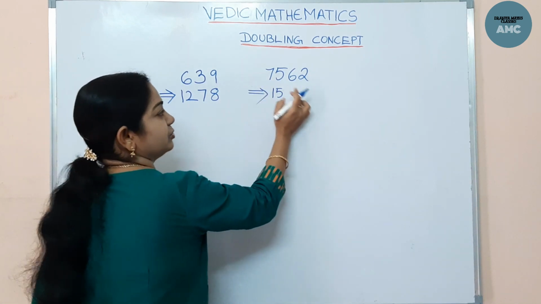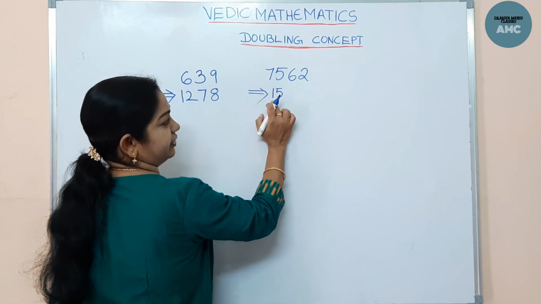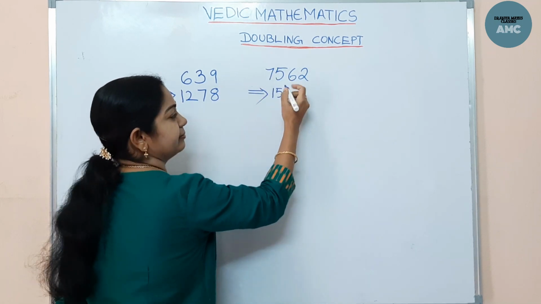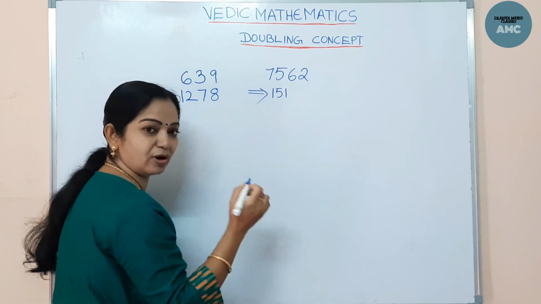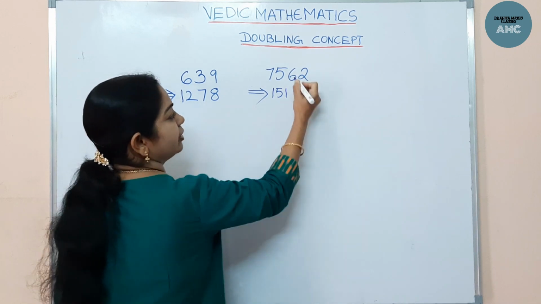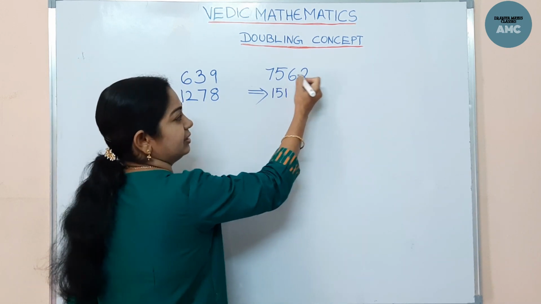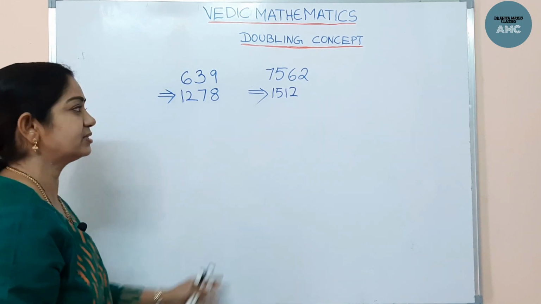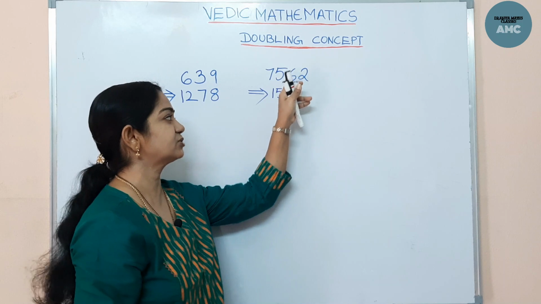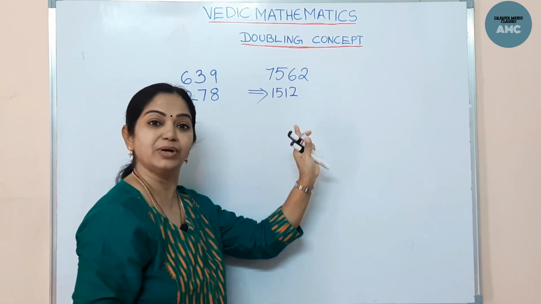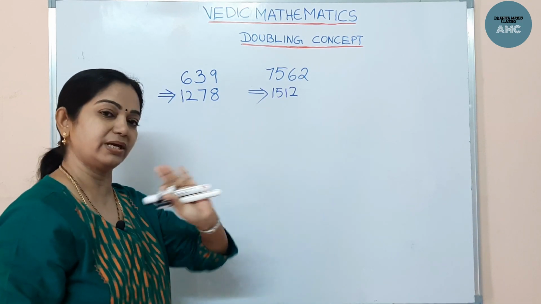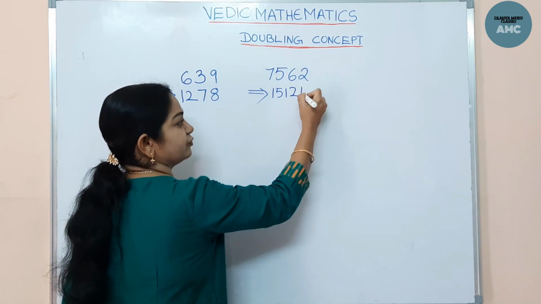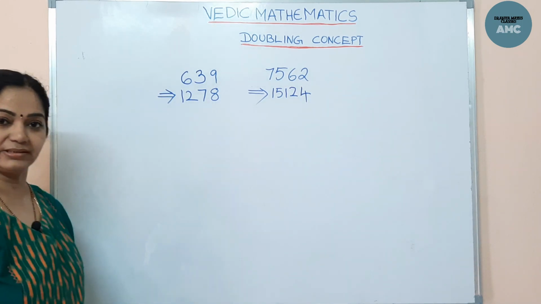So 2 7s are 14 but 15, 2 5s are 10 but 11, but I am dropping only the n number, remember. 2 6s are 12, so only 2. So I am not increasing because the next number is group 1 only. 2 6s are 12, the n number is 2, I am writing 2 as it is. I am not increasing it. 2 2s are 4. So this is the answer for that.